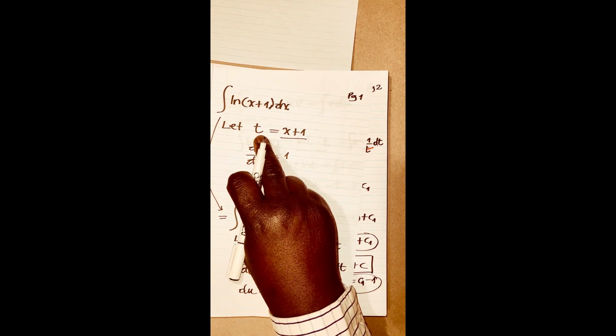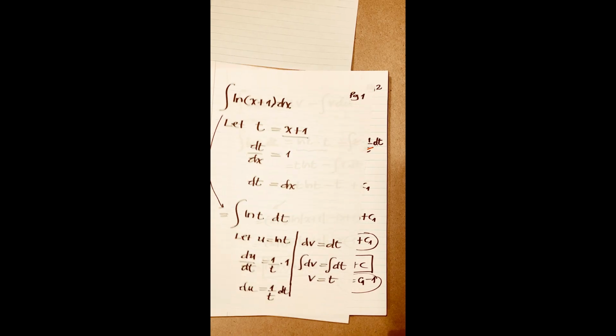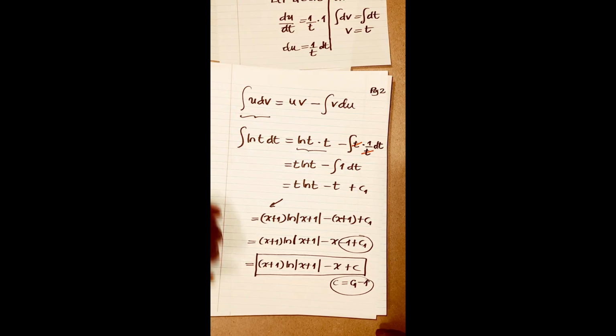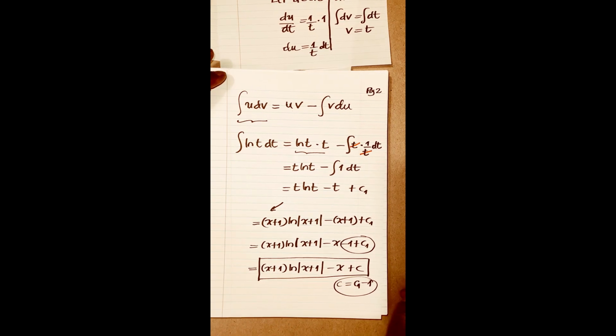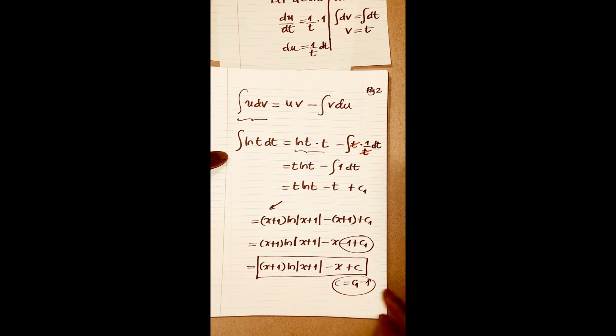And that's why I started with t and then transforming it to u substitution within integration by parts, simplified our integral to this one here, reverting to original variable. This is what we had, and we just had to simplify the last part there to obtain our final solution, which is x plus 1 in brackets times the natural log of x plus 1 minus x plus a constant c.